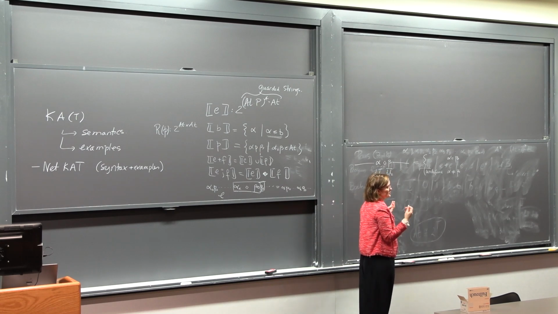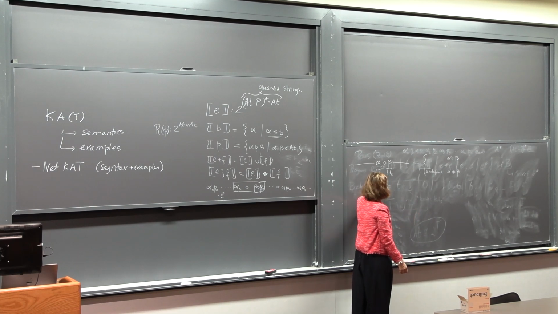Think of this as a Hoare triple, if you like, with a precondition and a postcondition. The postcondition of this program is that I end in T1 true and T2 false. The precondition is that I must have T1 false and T2 false.